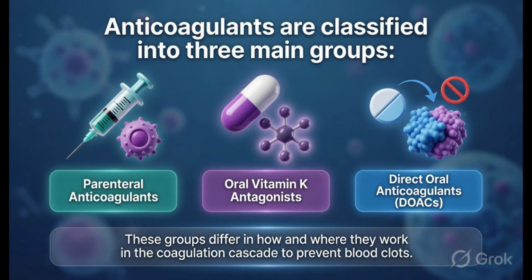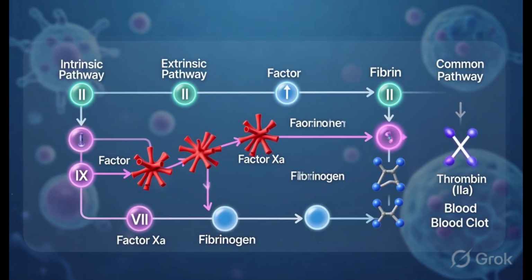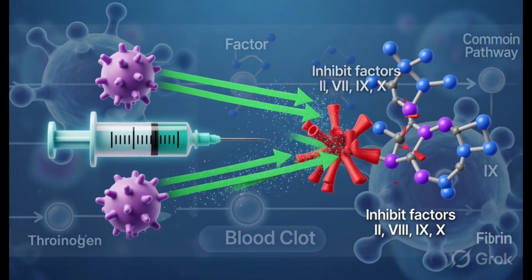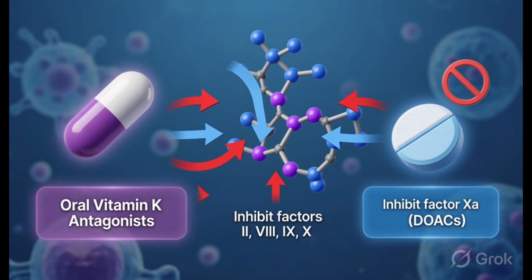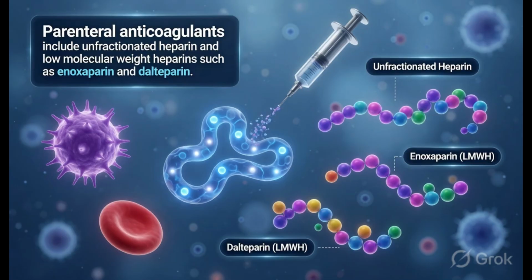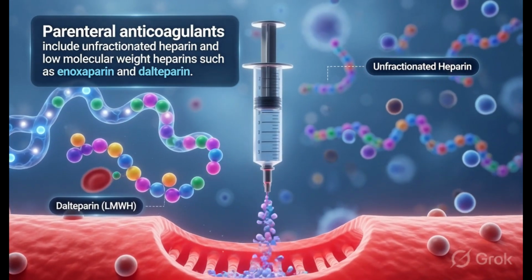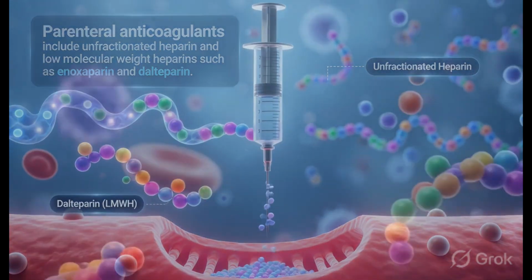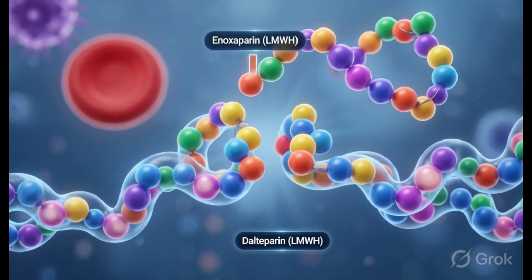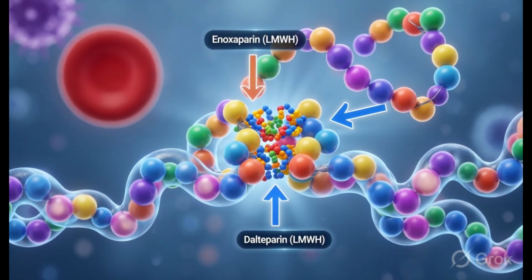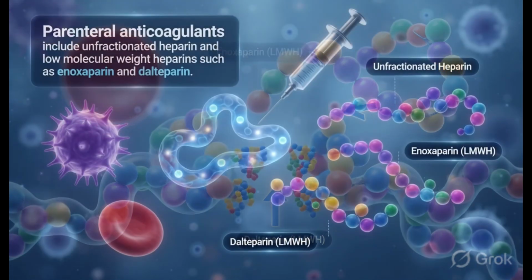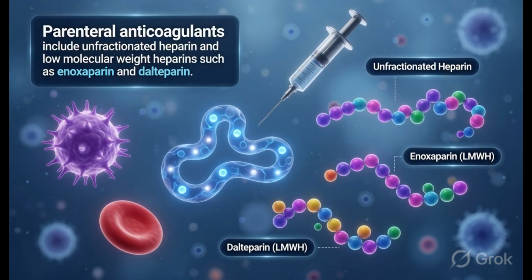Anticoagulants are classified into three main groups: parenteral anticoagulants, oral vitamin K antagonists, and direct oral anticoagulants, also known as DOACs. Parenteral anticoagulants include unfractionated heparin and low molecular weight heparins, such as enoxaparin and dalteparin. Heparin acts by activating antithrombin 3, which then inactivates thrombin and factor Xa.